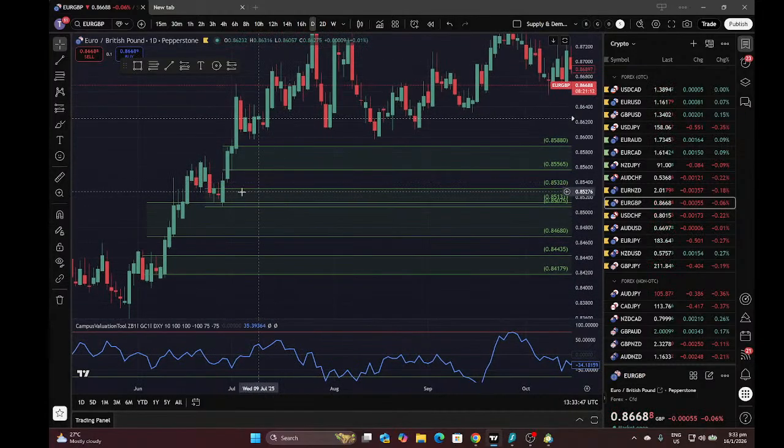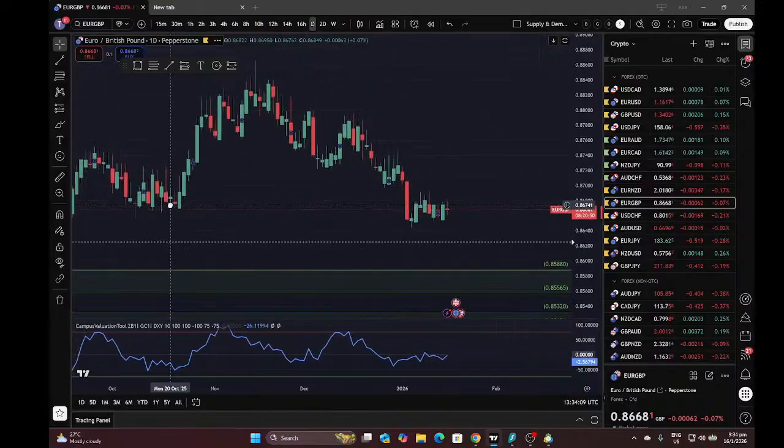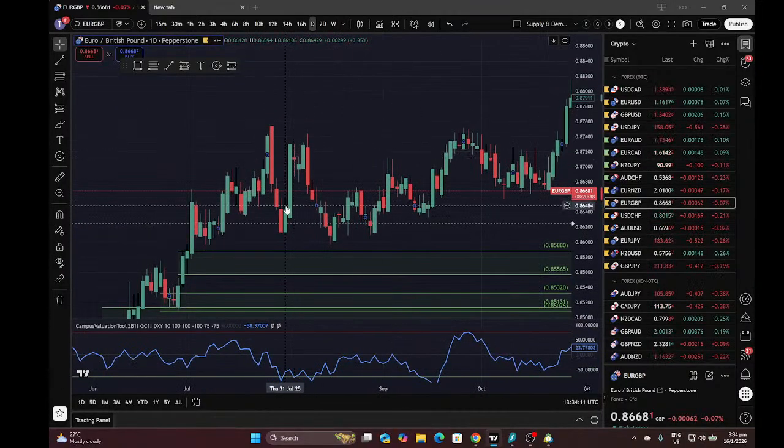Then comes the next zone, which is this area. I don't really like this area because there's too much action going on here, and this leg out candle is not really a strong candle. It looks okay, but it's still not the kind of candle that I'm looking for. I'm looking for this kind of candle, or this kind of huge candle.